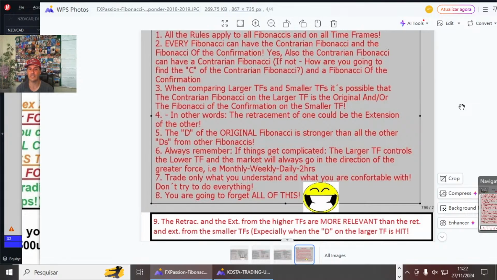Dr. Sammy, trade only what you understand. Don't try to do everything. And number 8 is the best one. You are going to forget all of this anyway. Like J-Van is saying, oh, there is a lot to learn, you know. And in addition, number 9, the retracement and the extension from the higher time frames are more relevant than the retracement and extensions from the smaller time frames.